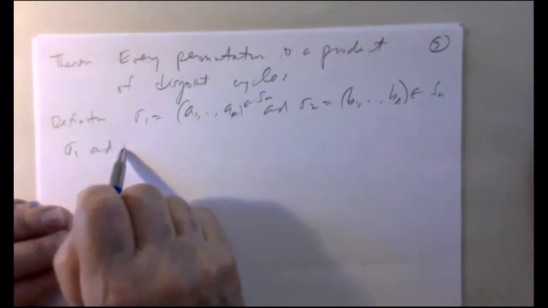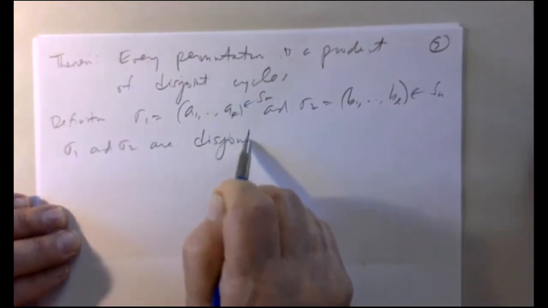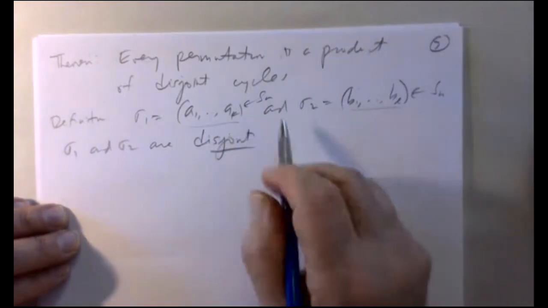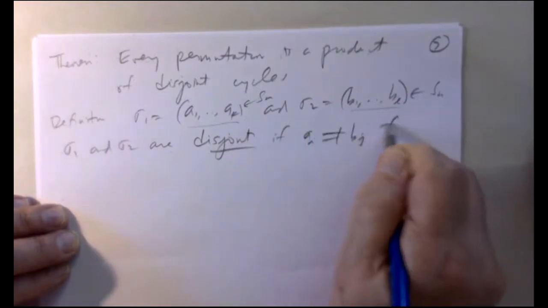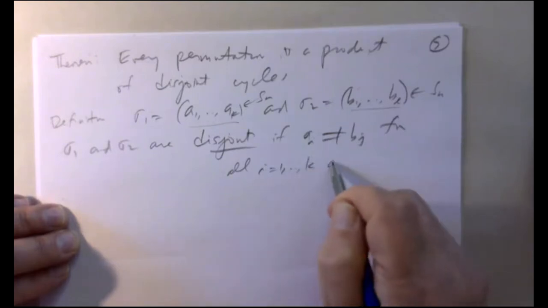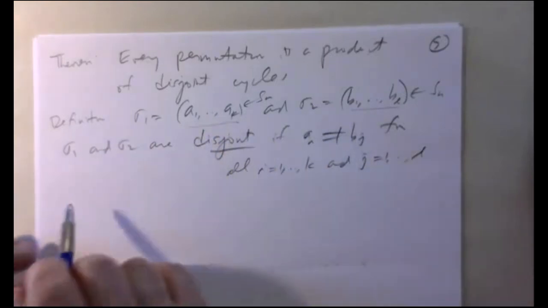Sigma 1 and sigma 2 are disjoint if the numbers in this set are different from the numbers in this set. If a_i is different from b_j, for all i going from 1 up to k, and all j going from 1 up to L. So that's what it means for cycles to be disjoint.